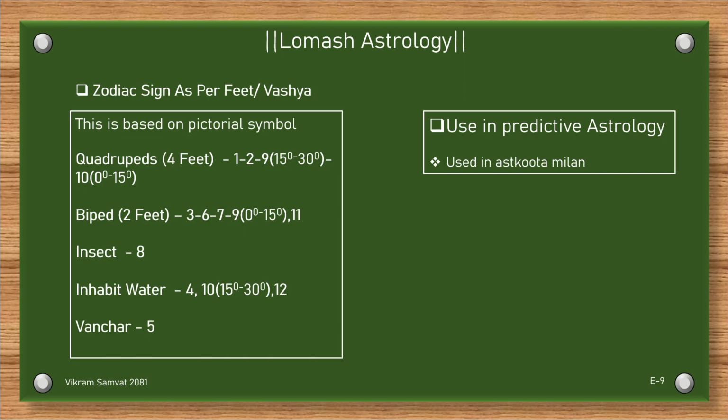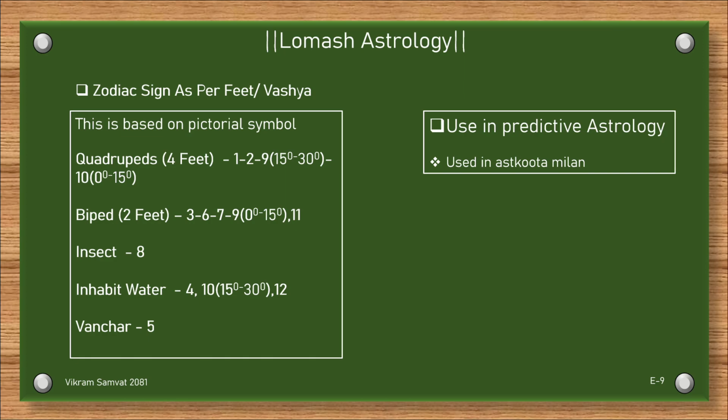Now, what is the use of this? Studying or understanding the classification is one part, but we must understand how we will use it in predictive astrology. So you must understand the traits of these pictorial symbols.